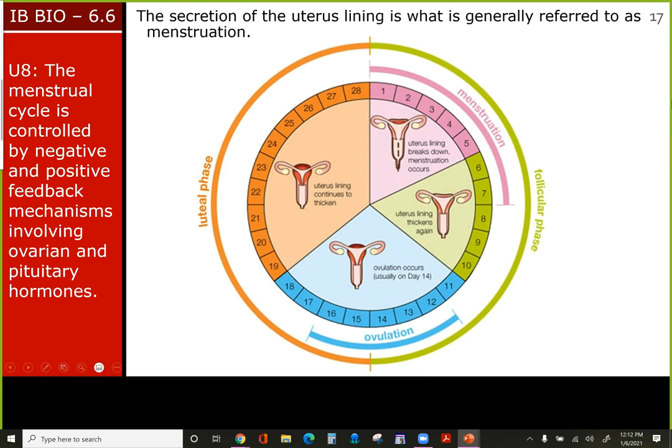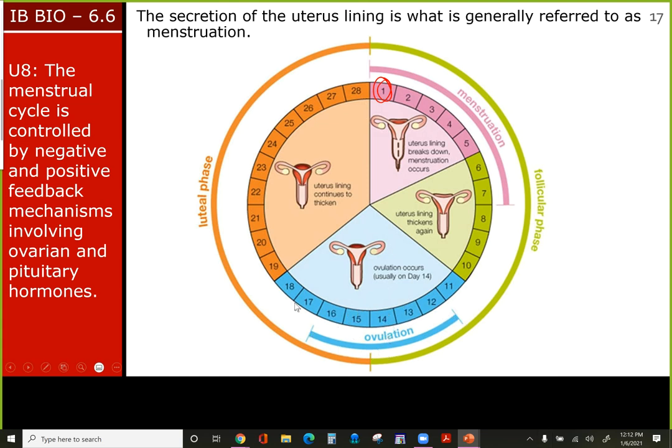All right, so here is that cycle graph that we talked about. So typically, our cycle starts with menstruation. We have the uterus lining thickening. We have ovulation occurring.